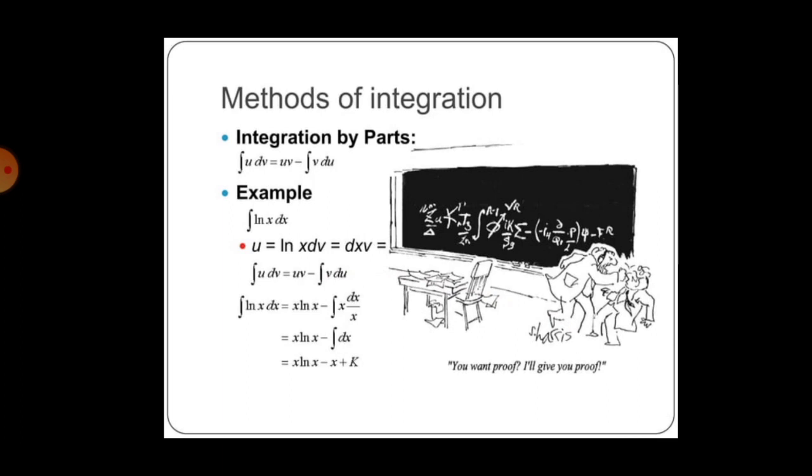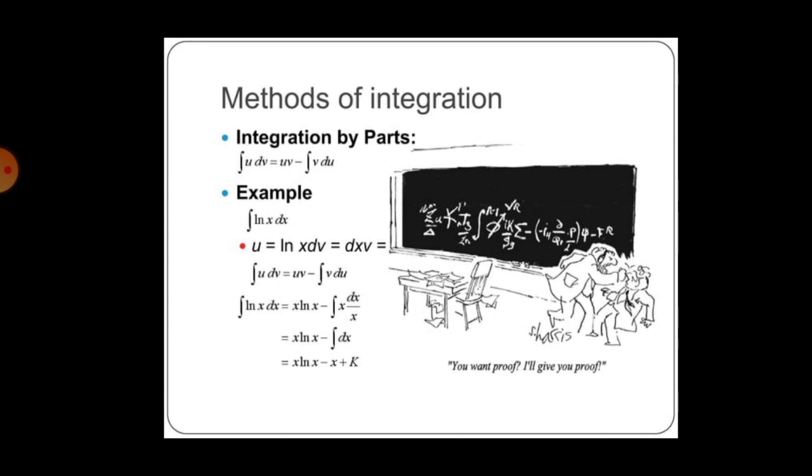Integration by parts. Integral u dv is equal to uv minus integral v du. Example: integral ln x dx. Our u here is equal to ln x. Our dv is equal to dx, v is equal to x. Integral u dv equals uv minus integral v du.